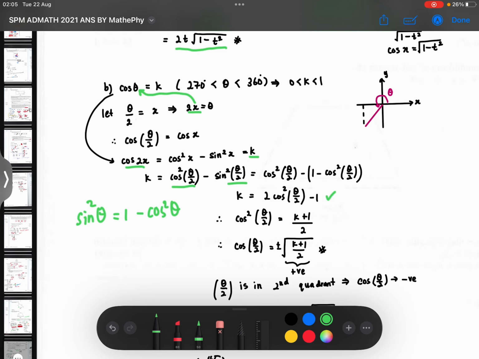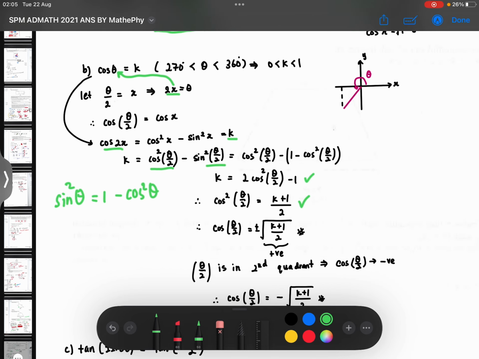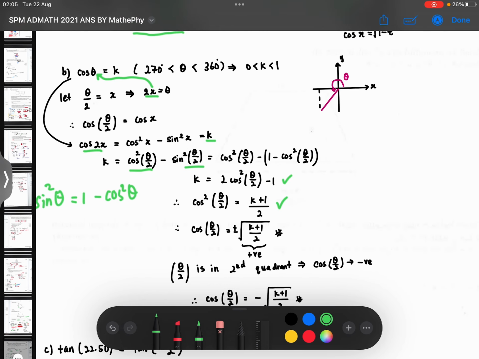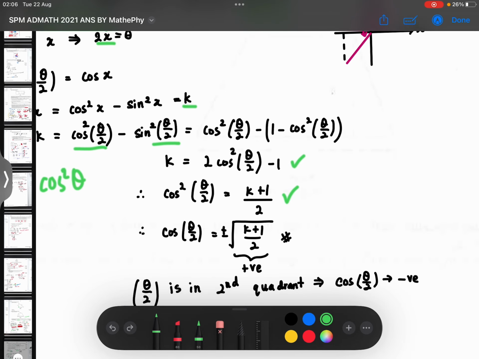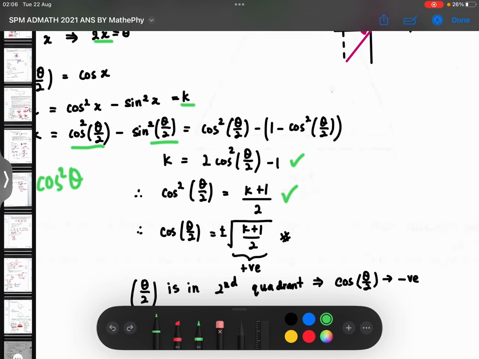I make cos squared theta over 2 the subject, and then I square root both sides, plus and minus, because I know k should be positive. For cos theta equals k, theta is in the fourth quadrant, and in the fourth quadrant cos is positive, which implies k is positive. So a positive number plus 1 divided by 2 is a positive number.